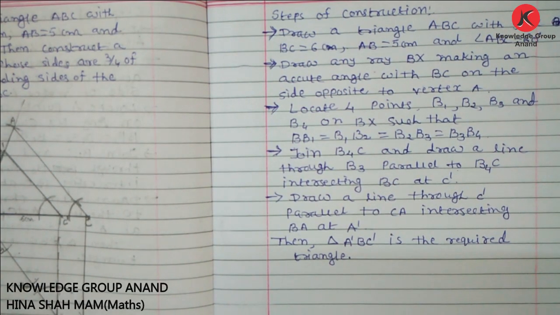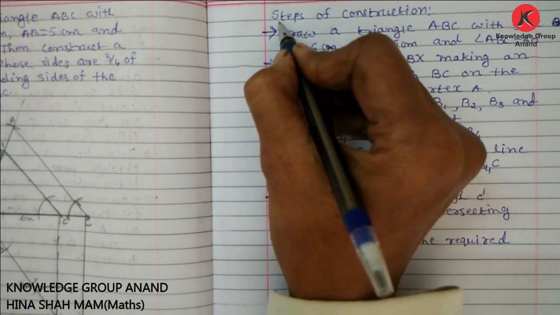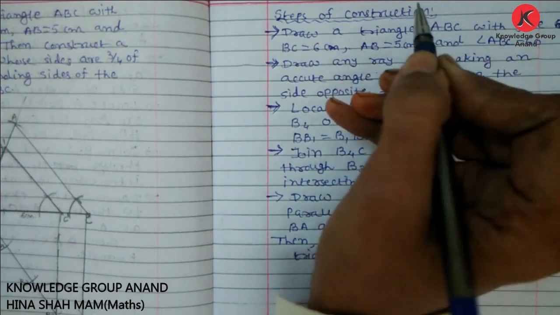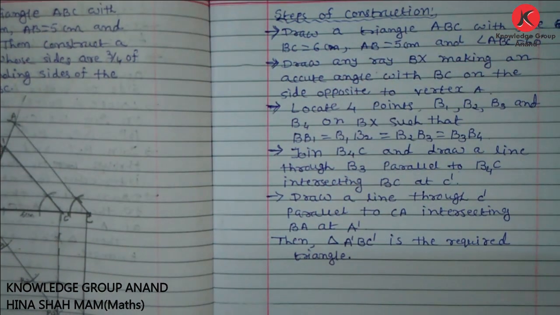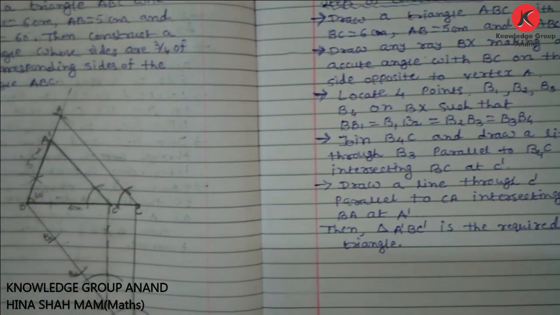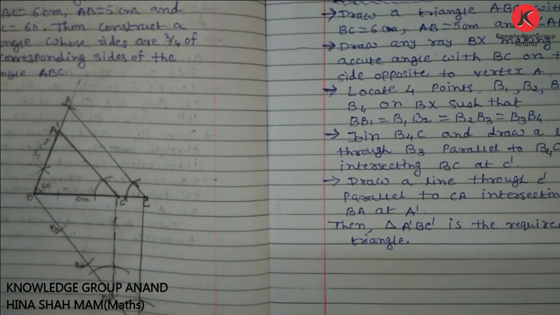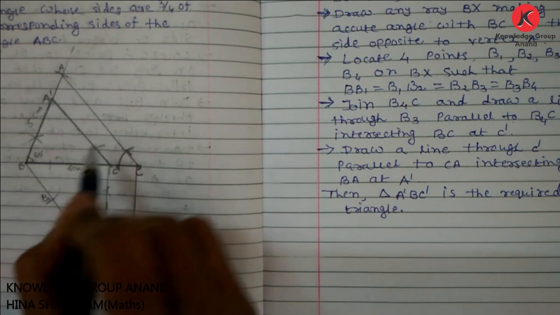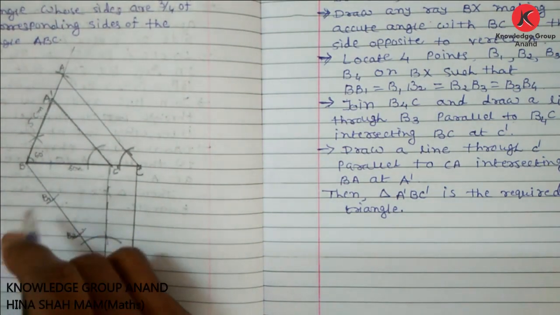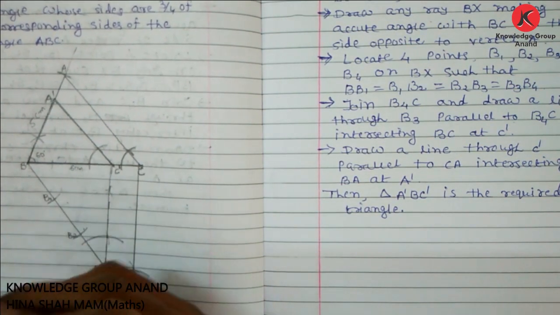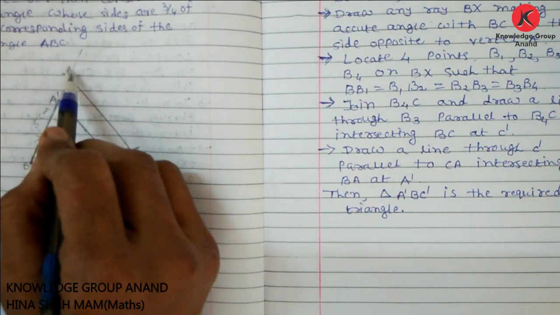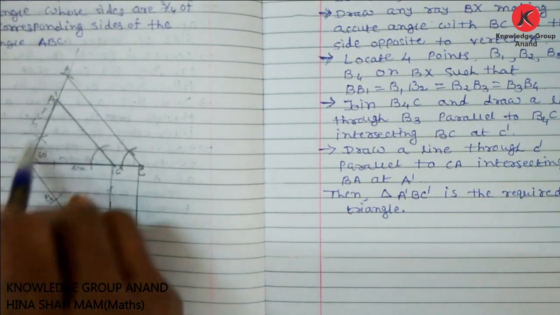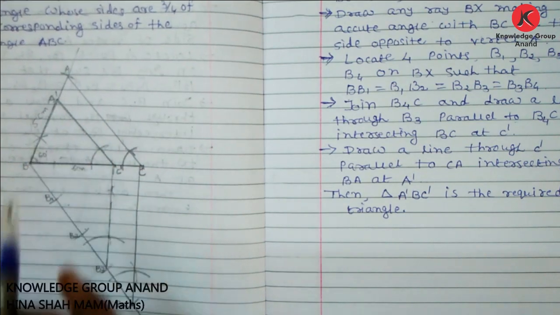Again, steps of construction. First we draw triangle ABC. BC is equal to 6 centimeter, angle ABC is 60 and BA is equal to 5 centimeter.